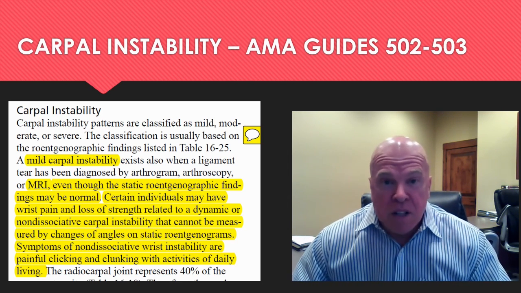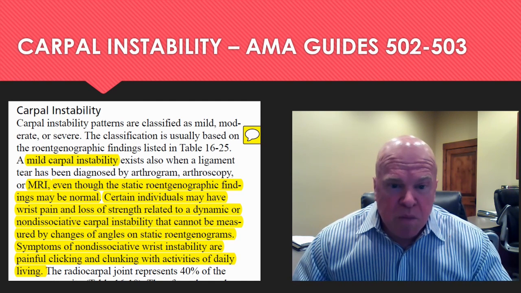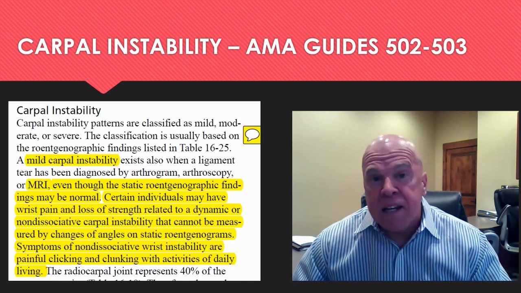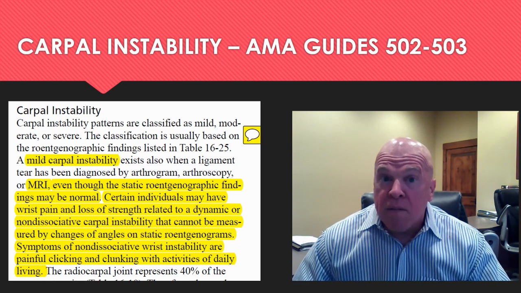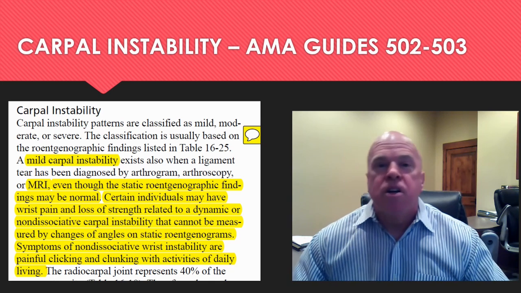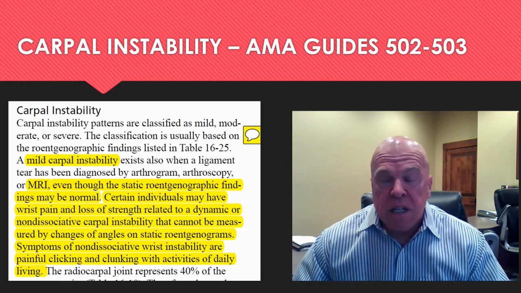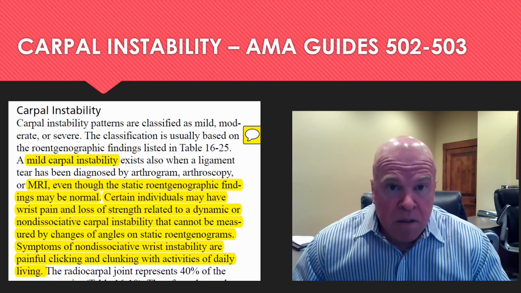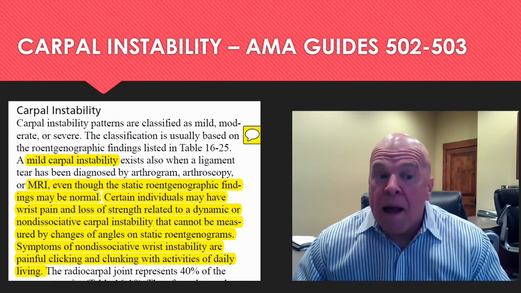So we're going to have exceptional cases, but usually the classification system is based on the X-ray findings described in Table 16-25. And we'll talk about some exceptions where the examinee could qualify for carpal instability even outside of the parameters described in Table 16-25.